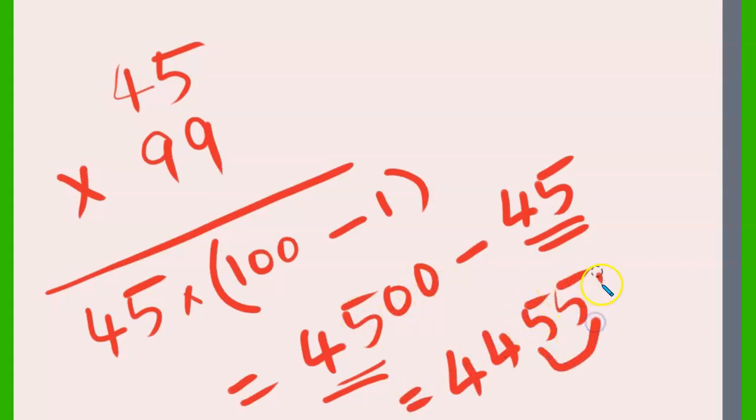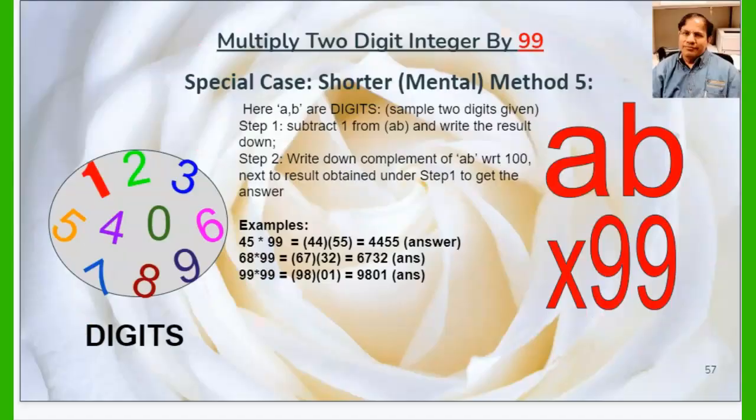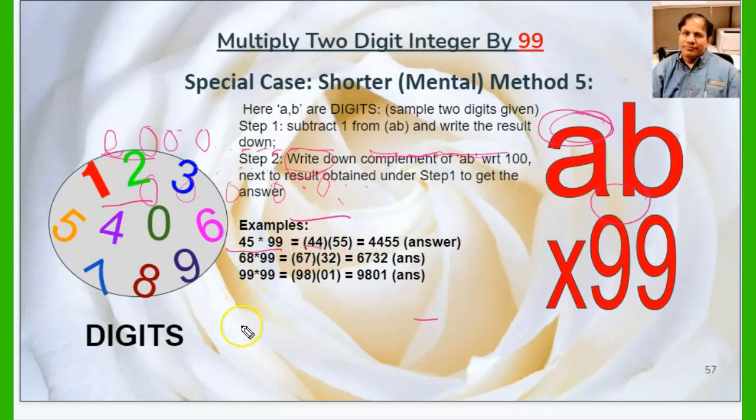And 55 is a complement of 45, and we subtract 1 from 45 to get 44. So the answer is 4455. So in this case, the example 45 times 99 is 1 less than 45 on the left digit, and then the complement of 45 as the right digit, and so you end up with 4455.